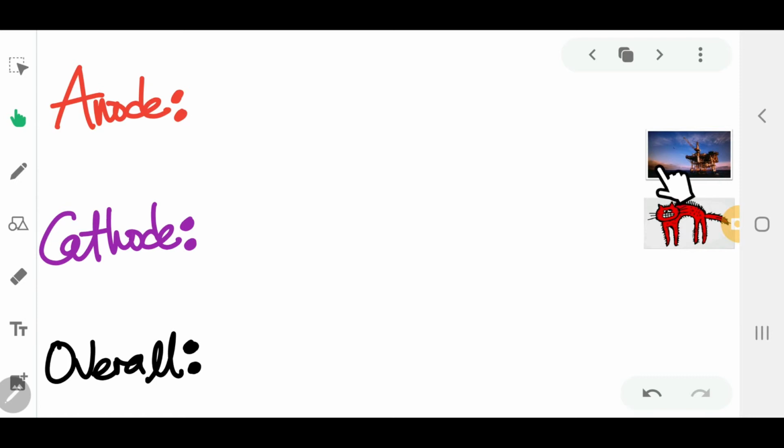We have OIL RIG, the mnemonic for oxidation is losing electrons, reduction is gaining electrons, and we have RED CAT, simply to tell you that reduction happens at the cathode. So you're going to use this mnemonic to help you fill in the anode half-cell and the cathode half-cell, and finally write the overall cell reaction.